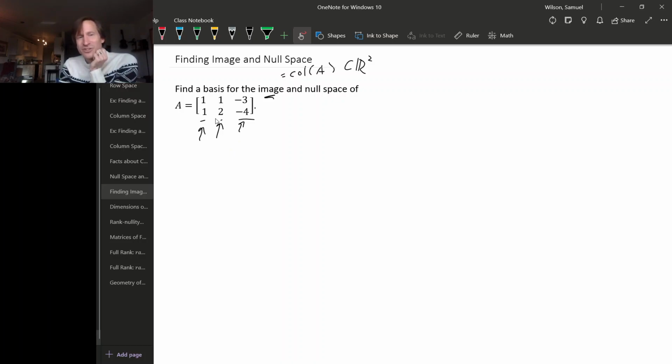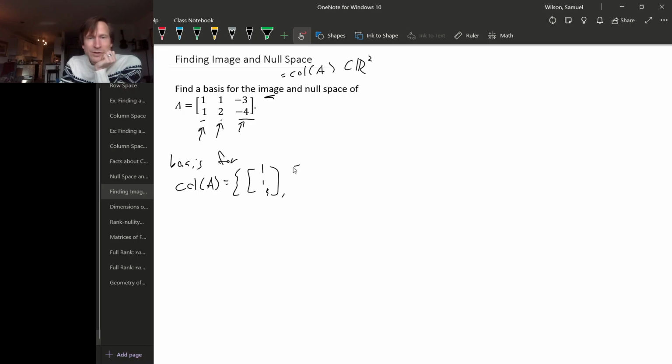But these 2 vectors are clearly not scalar multiples, and so the basis for the column space is just these first 2 columns, (1, 1) and (1, 2).